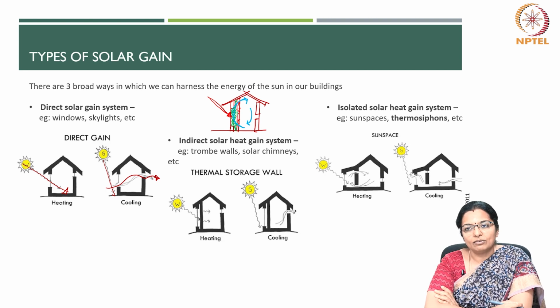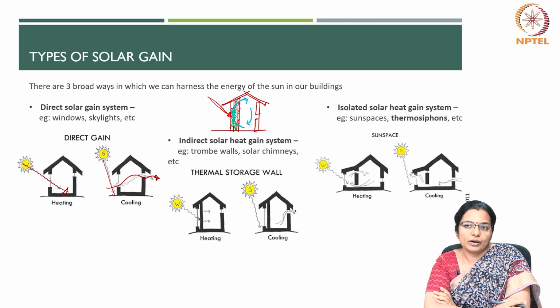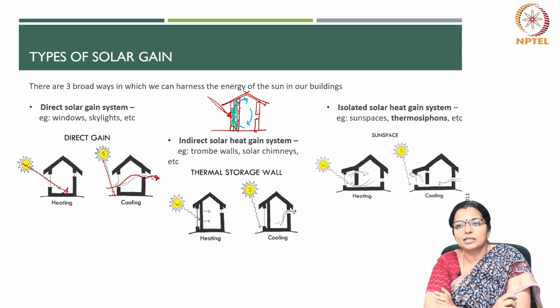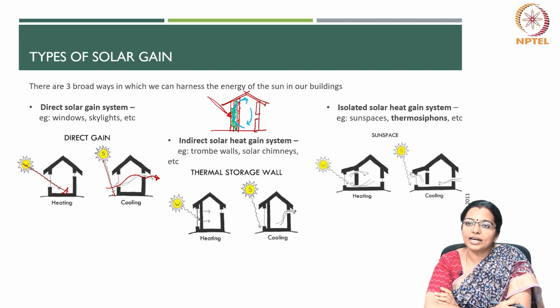The third one, which is of interest to us now in today's class, is where a fluid or vapor is passively moved by natural or forced convection to transfer heat from or to the living space with the help of an isolated solar heat gain system, which has its essential components located apart from the building's primary living area.